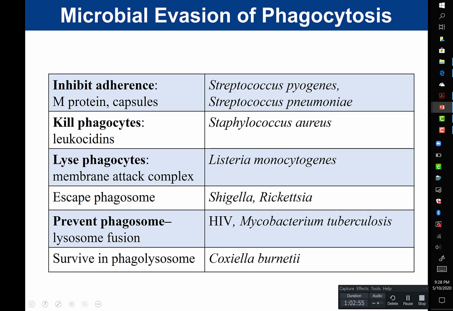So microbes have evolved ways to be able to evade phagocytosis. One way is that some microbes can inhibit adherence. Basically, these microbes produce things like the M protein.